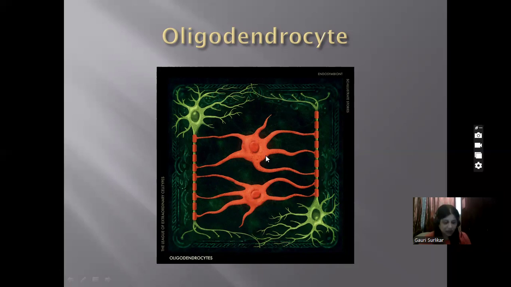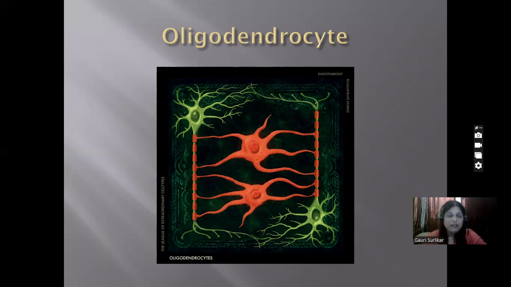What is the function of the oligodendrocyte? To secrete myelin sheath around axons present in the white matter of the CNS. Okay. So what does this oligodendrocyte do? It forms myelin sheath around the axons of the CNS. Okay. Around the axons in the central nervous system, that is the nerve fibers or the axons present in the central nervous system, this oligodendrocyte secretes myelin sheath.